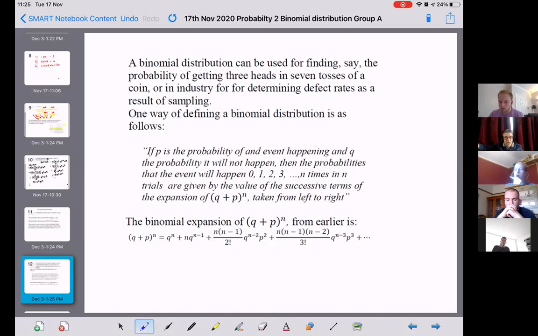So if we were talking about a toss of a coin, and P was the probability that you get heads, Q to the n is no heads, Q to the n minus 1 is 1 head, and so on, giving the probability of getting 2 heads, 3 heads in n tosses of the coin.